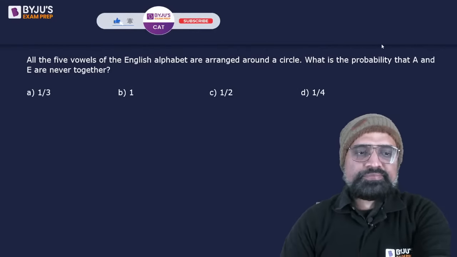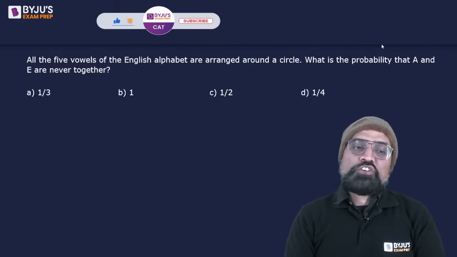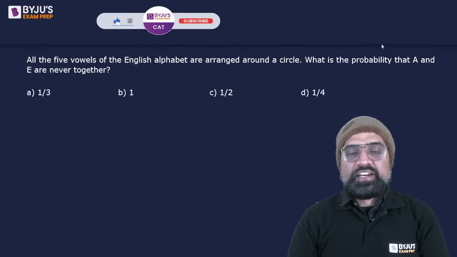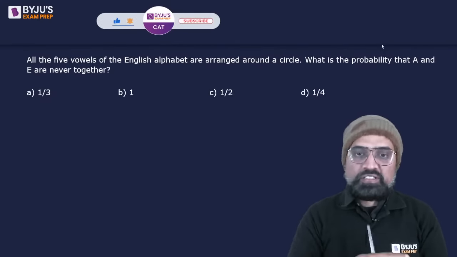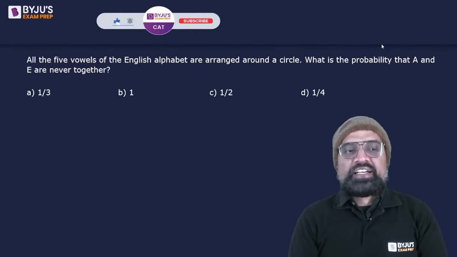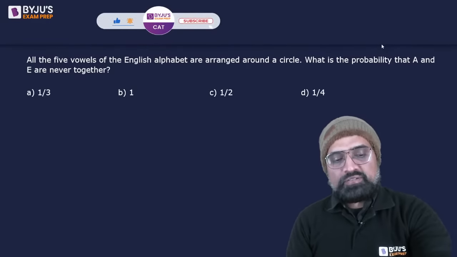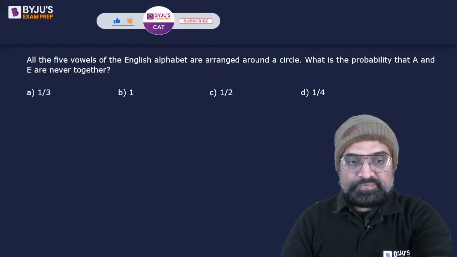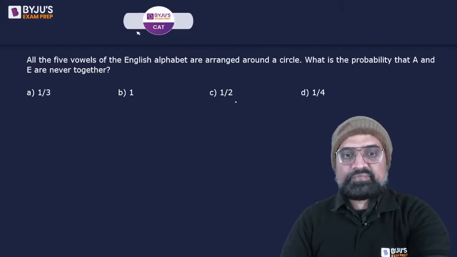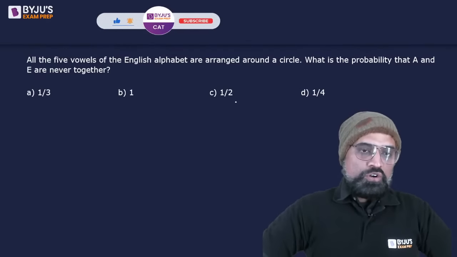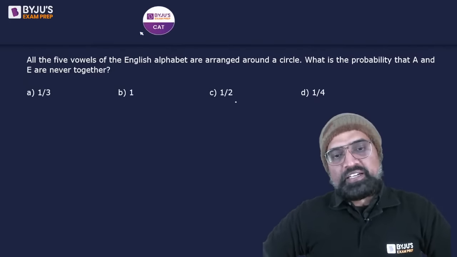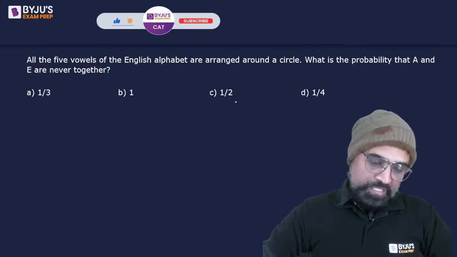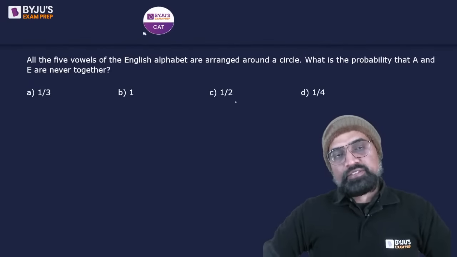Okay, next. All the 5 vowels of the English alphabet are arranged around a circle. What is the probability that A and E are never together? So one question from probability.